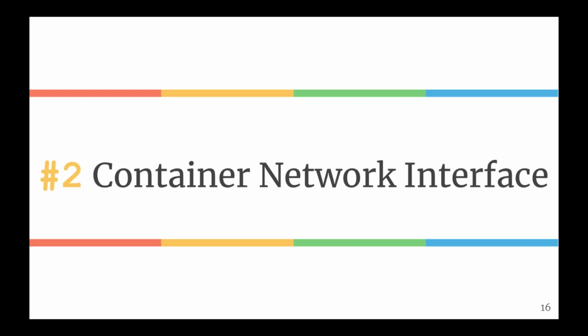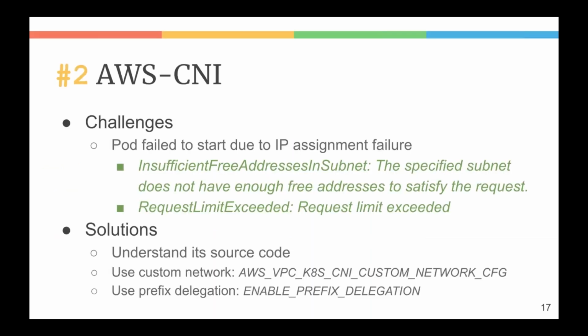Okay, the next one is about the container network. I guess most EKS users are using the AWS VPC CNI, which is very convenient compared to Flannel or Calico. It takes care of the routing. But with more and more nodes, we faced some serious issues: pods failed to start because there was no IP.